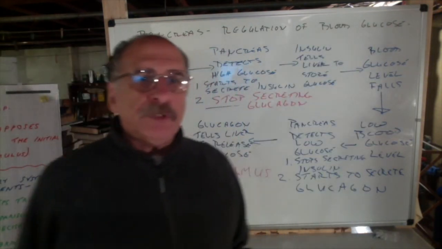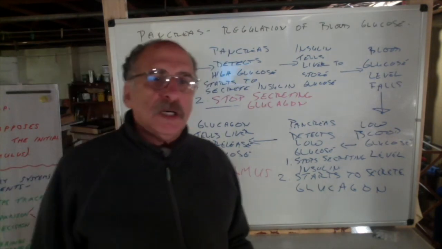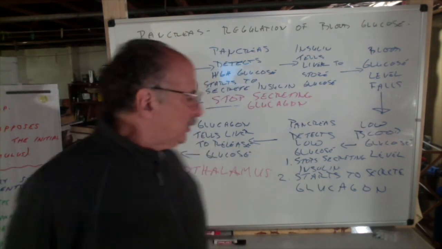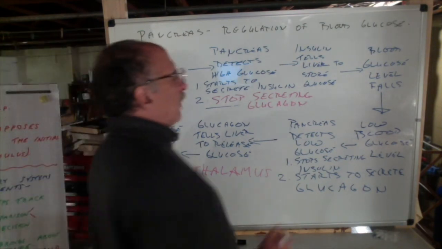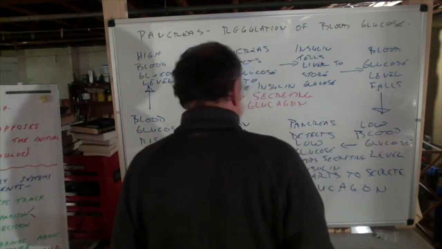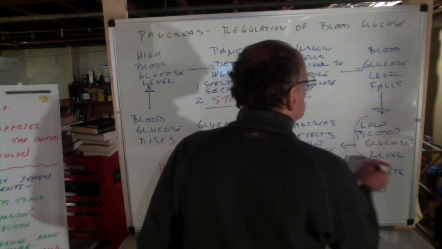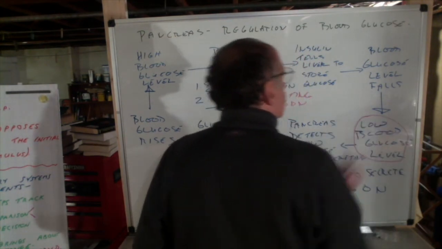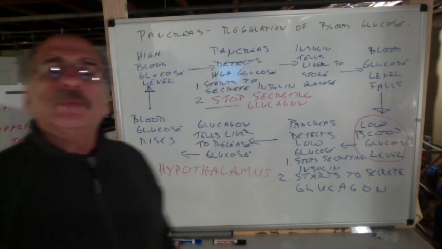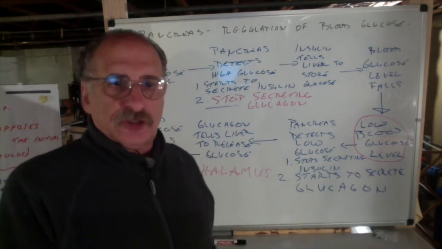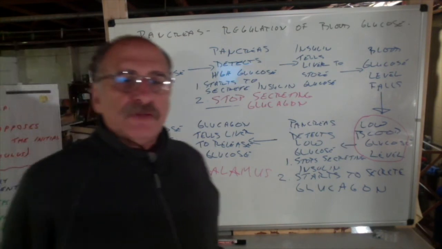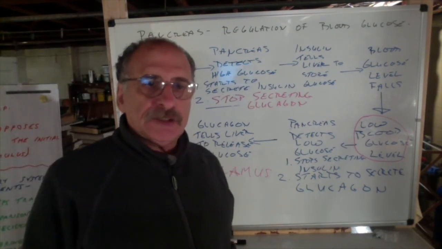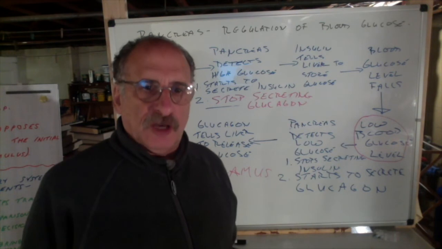Now, again, because it's a loop, I could pick anywhere and call it the initial condition. So if I picked a low blood glucose level, and I say, let's start there, you have to find the first response that is about the glucose level.